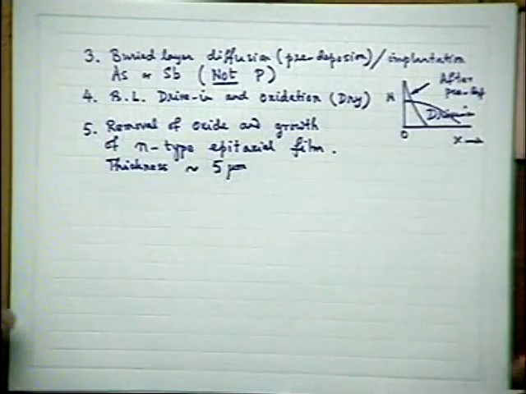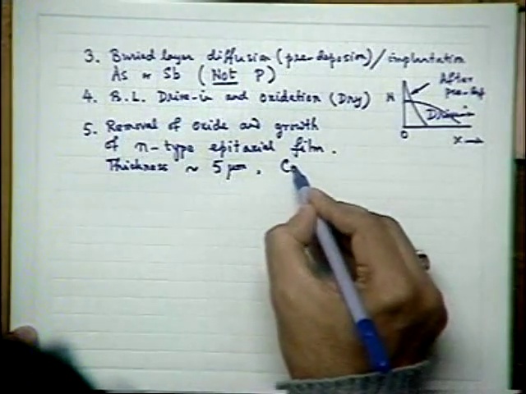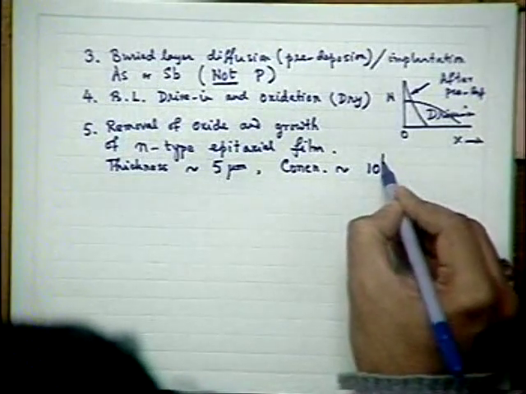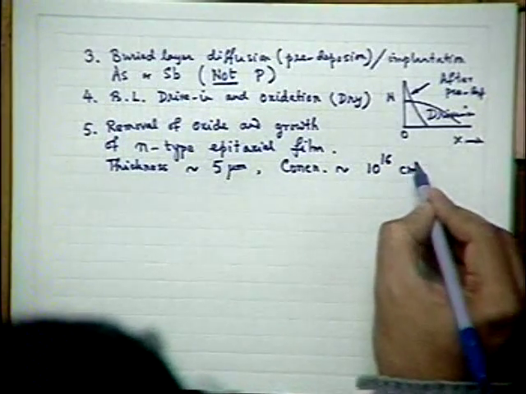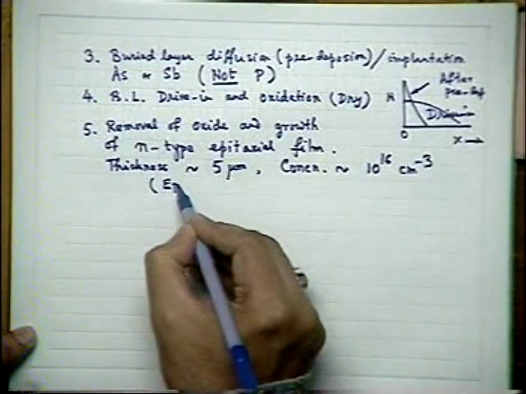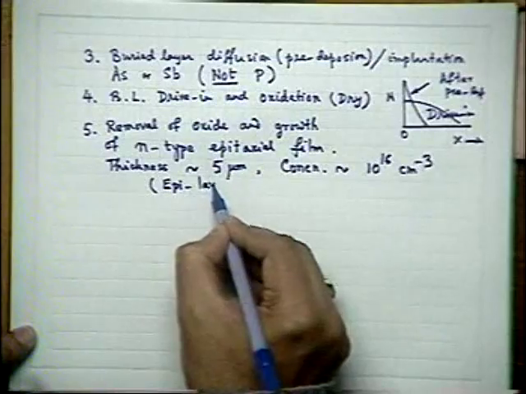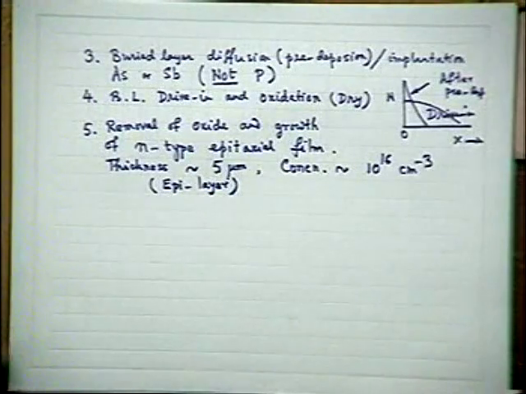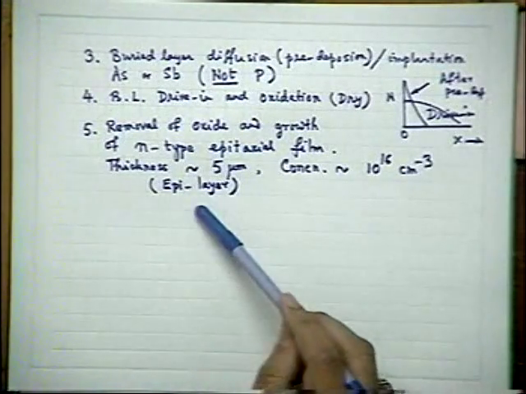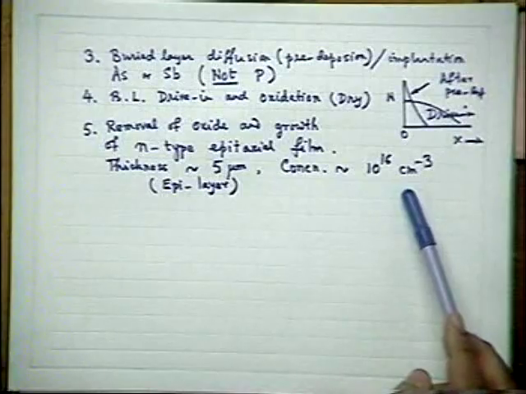And concentration is around 10 to the power 16 per centimeter cube. Epitaxial film, we also write in short epi film or epi layer. So in the epi layer, typical concentration is 10 to the power 16.